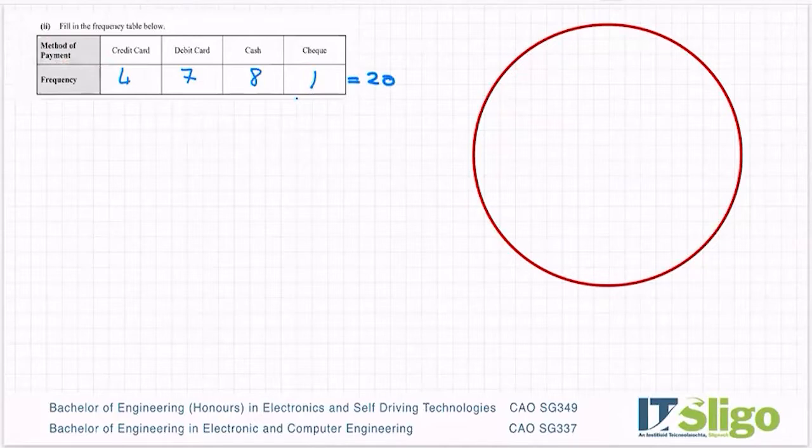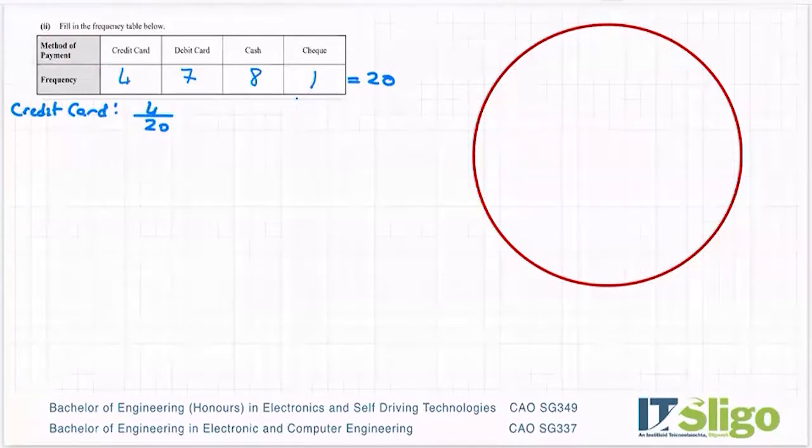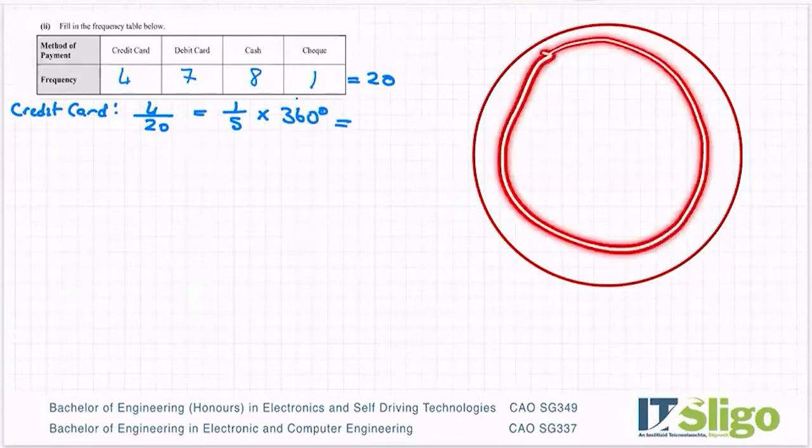So then if I look at the credit card, 4 out of the 20 people chose credit card, which is a fifth, and I get a fifth of 360 degrees. 360 degrees is the number of degrees in a circle, or the number of degrees in a pie.